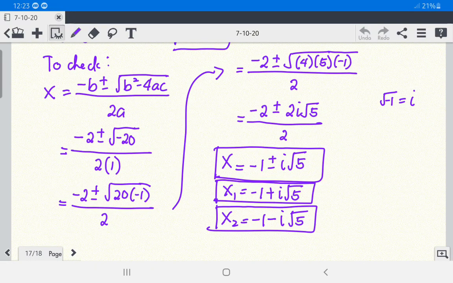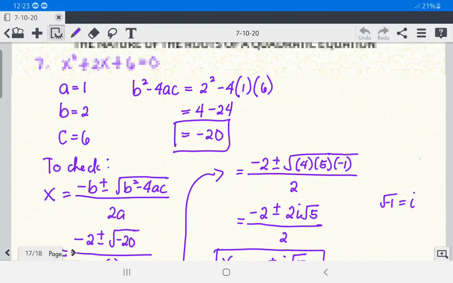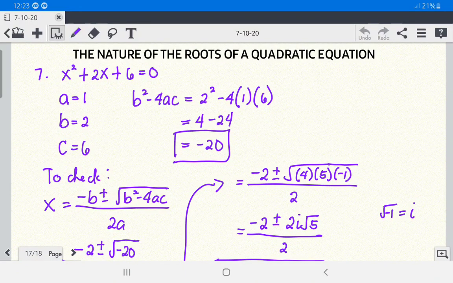Okay. Then, going back to this equation, number 7.